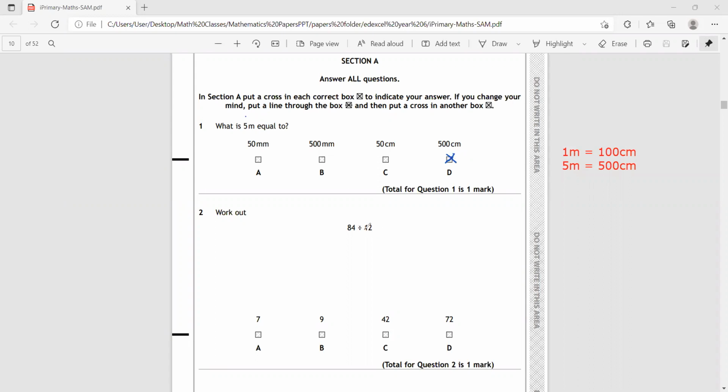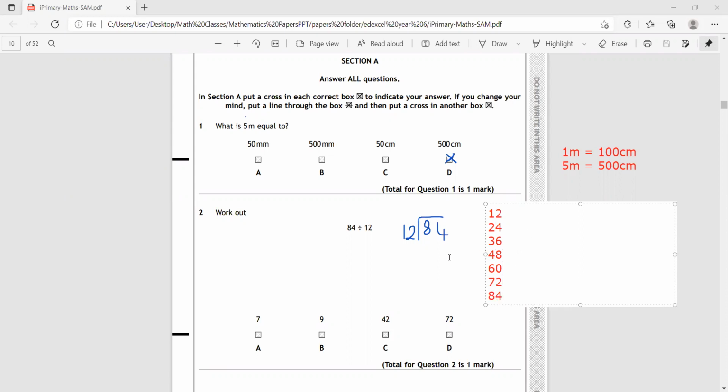Second one, you have to work out 84 divided by 12. We know the 12 times table. If you want, you can write the 12 times table: 12, 24, 36, 48, 60, 72, and 84.